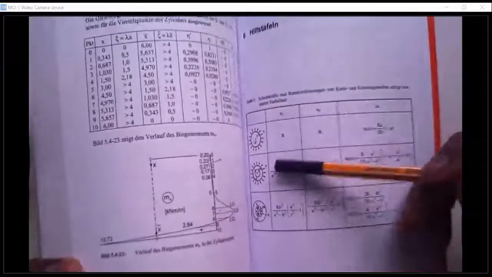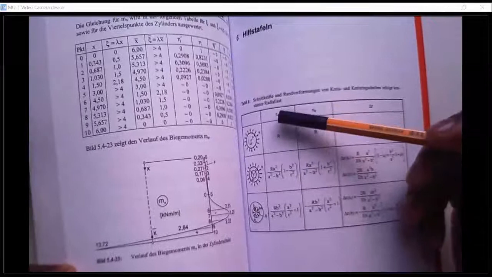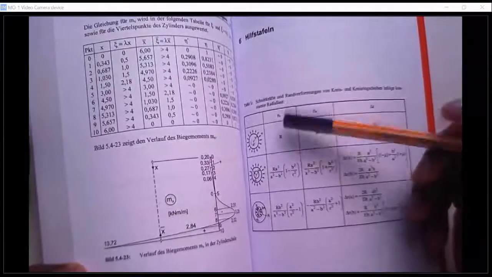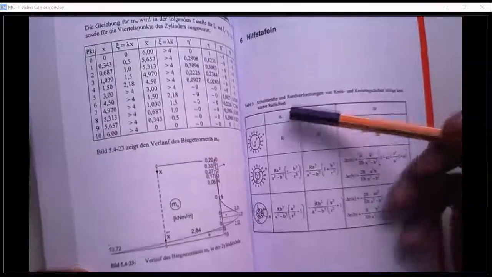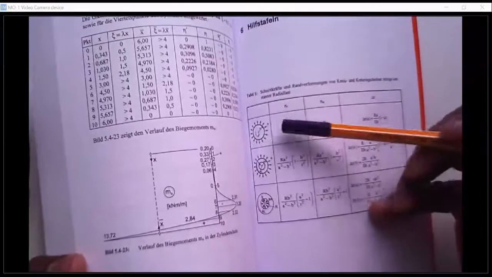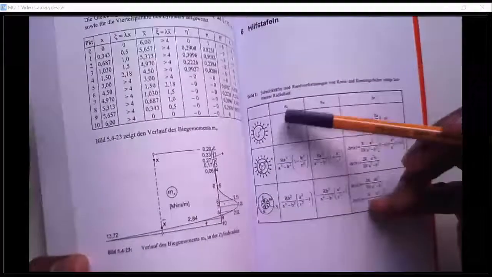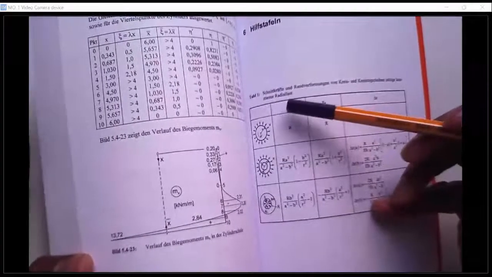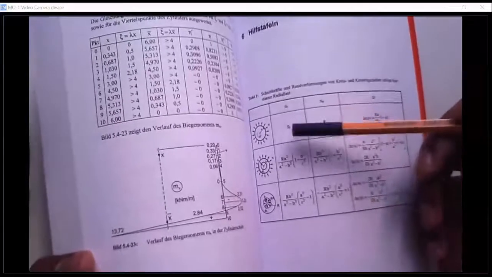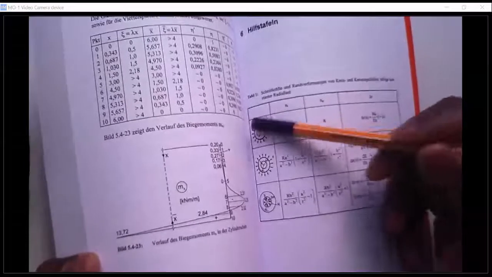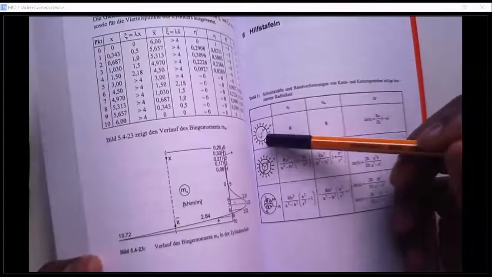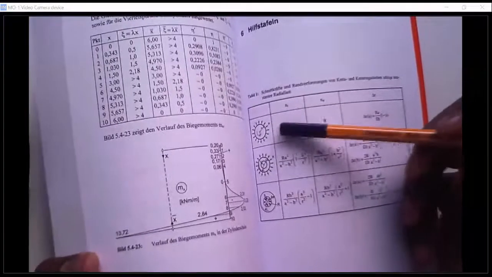NR is like sigma times T. So sigma R, the stress in the radial direction, times the thickness equals the external loading on the boundary times R2.